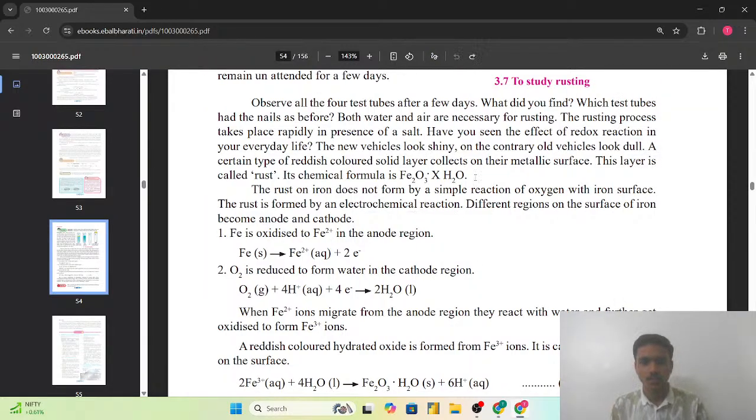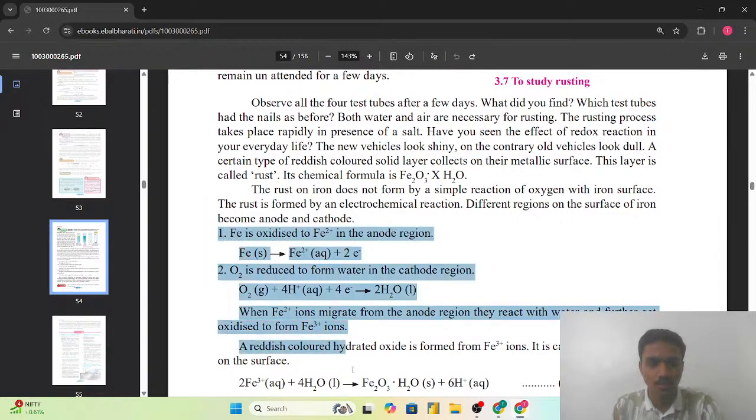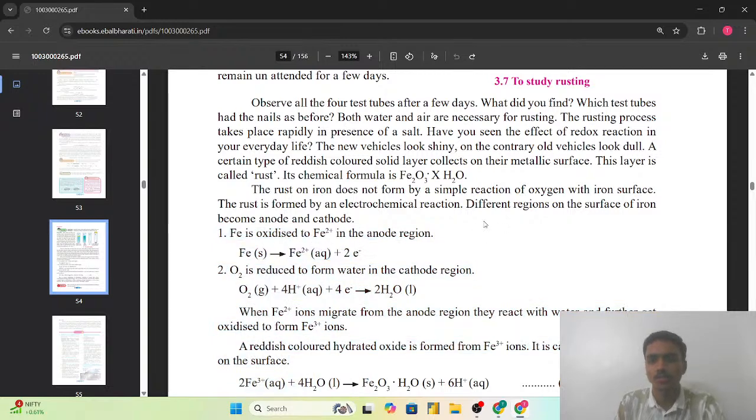Here we are having the description about that part. Different regions on the surface of the iron become anode and cathode. तो ये एनोड क्या है, ये कैथोड क्या है, that is also we have studied about the anode and the cathode.